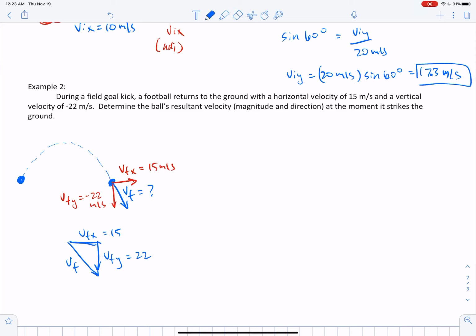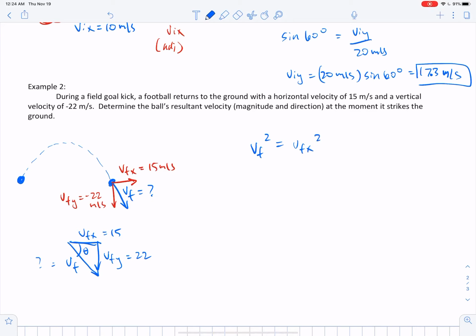Okay, and so I need to find not only this, but I also want to find this angle. Okay, so here we go. First of all, how can I find the resultant vector, the VF? Well, I can use the Pythagorean theorem, right? The hypotenuse squared is going to be equal to the sum of the squares of the two legs.